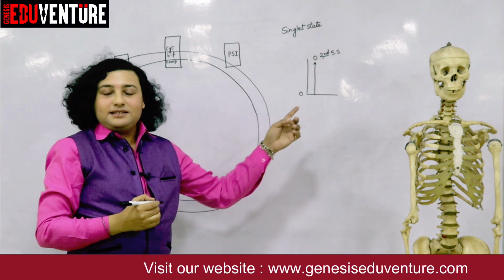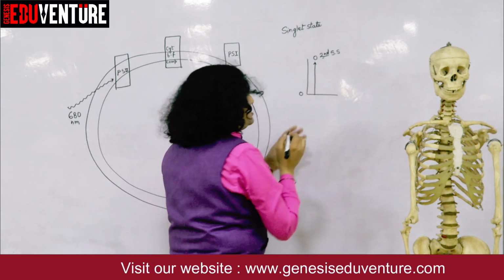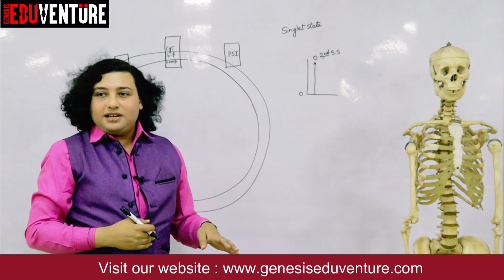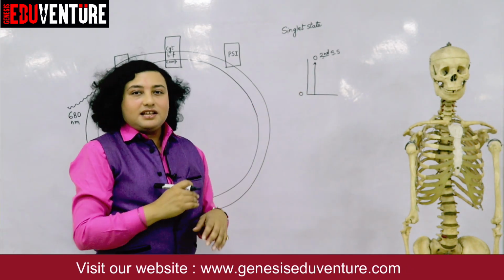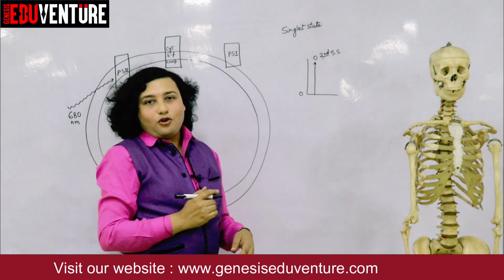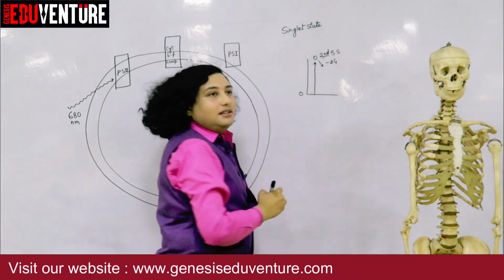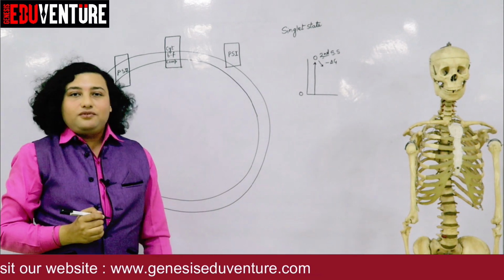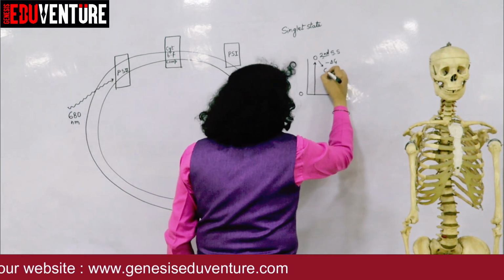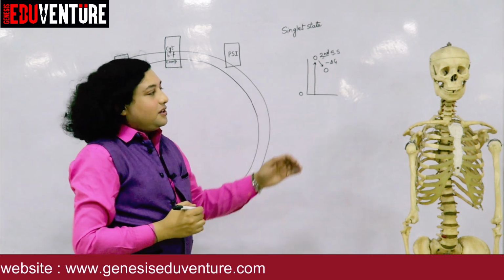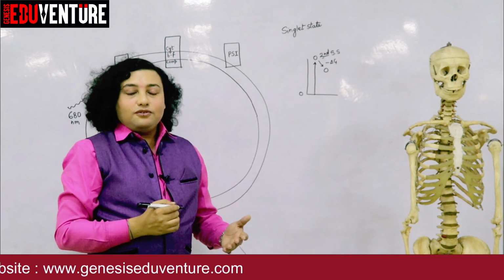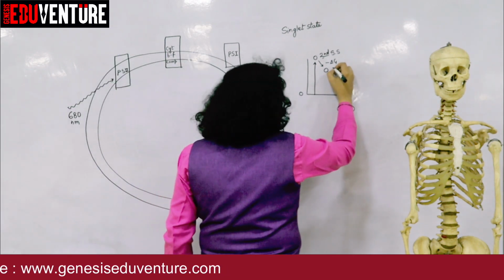From the second singlet state, because this state is highly energized, some amount of energy is released in the form of heat. So we can write minus delta G, this amount of energy is released as heat, and the electron comes into another energy state, known as the first singlet state.